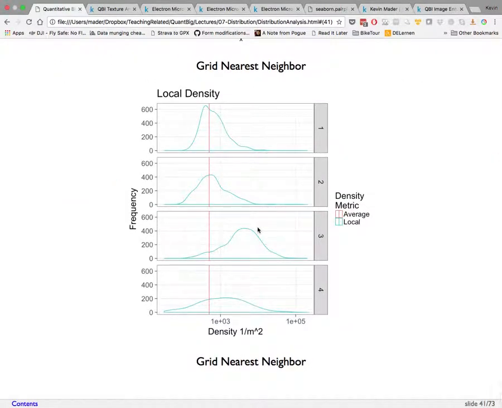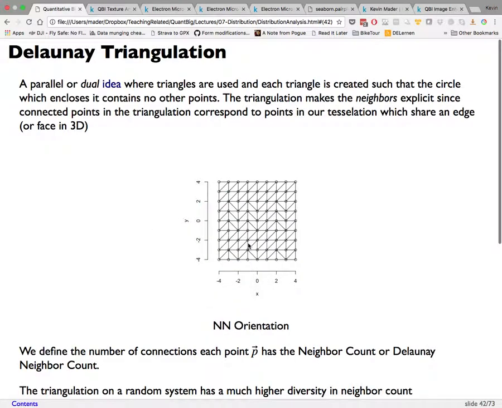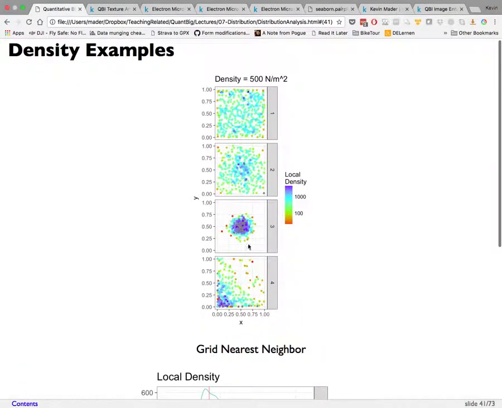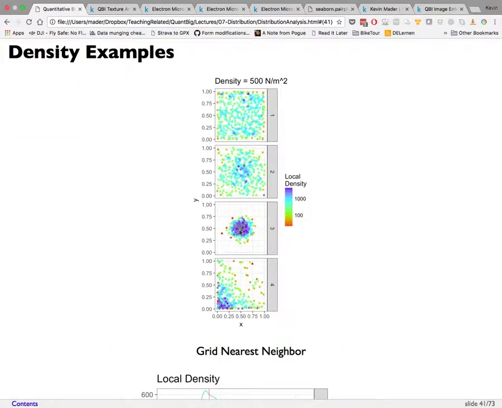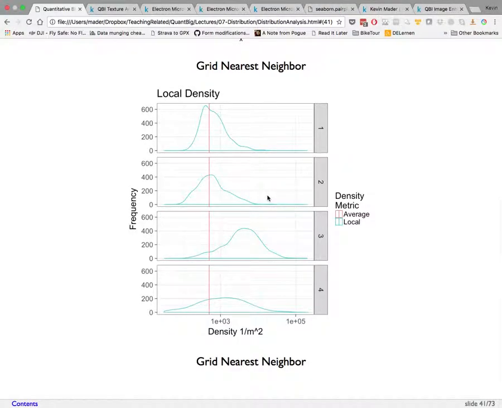And so when you're looking at a whole image and you want to say the average density is X, you wouldn't calculate that from the territories. But if you want to define for a single point what the density is, it would make sense to look at the territories for that. Cool. Is that clear?